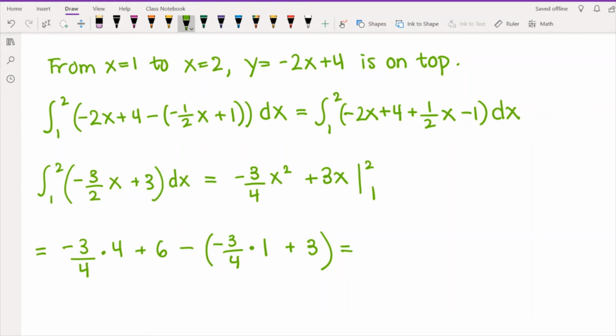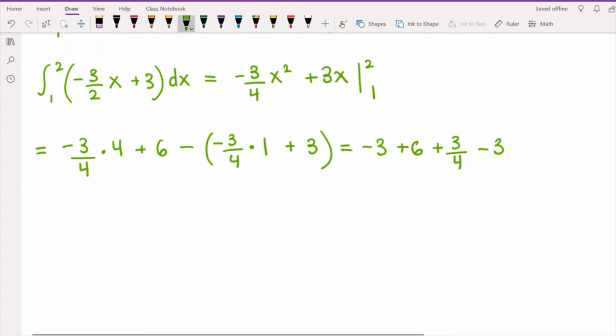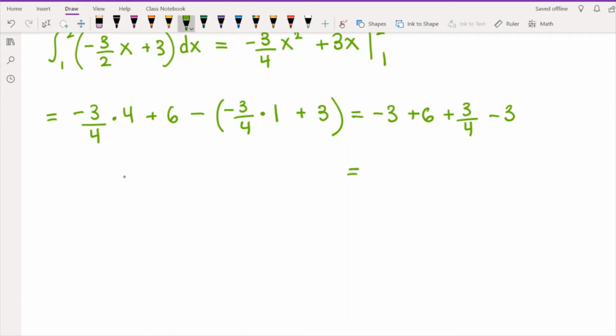So altogether, we end up with negative 3 plus 6 minus negative 3/4, so that's plus 3/4, and then minus 3. So that's going to give us a total of 3/4. Right, because the negative 3's together give us negative 6 plus 6 is 0, and so we get 3/4.